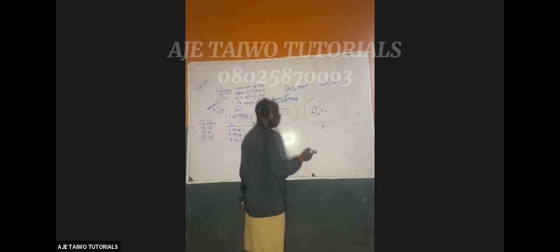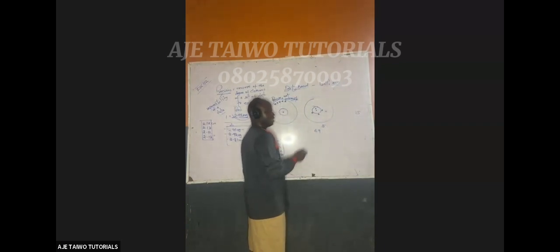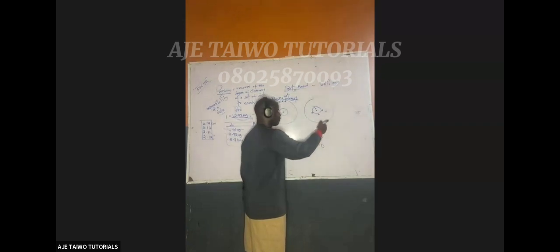The readings you got are 4.9, very close to 5. The next, you got 4.7, close to 5. The next, 4.6, close to 5. You got 4.5, close to 5.